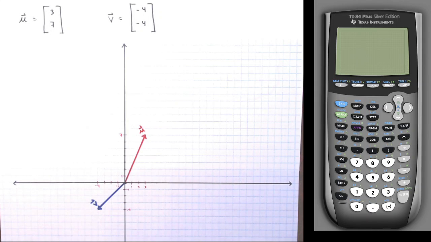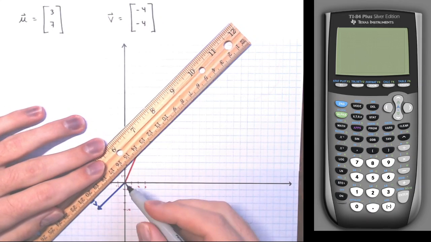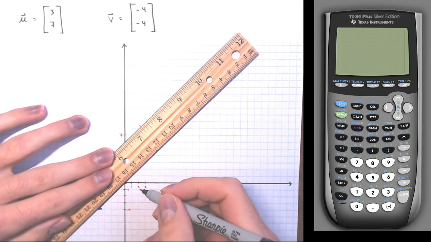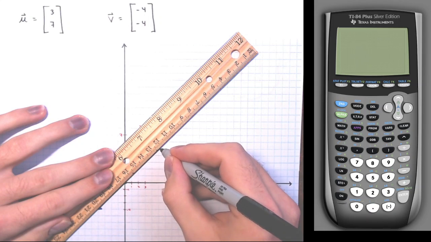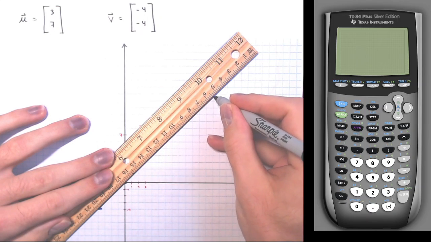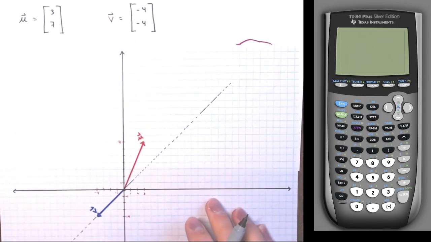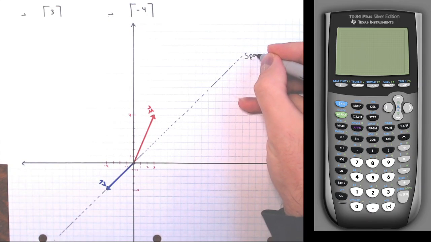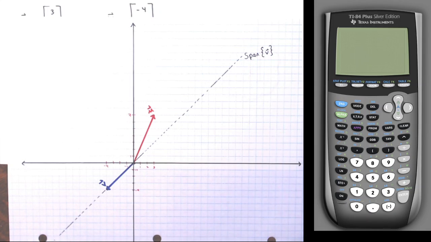What's the span of V look like, or the line containing V? Here's V. I'm just going to draw in the line containing V. Let's make it a dotted line so we know it's not really part of our drawing, but it is. So this is the span of V being represented, the line containing vector V.